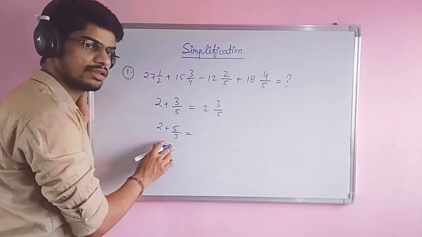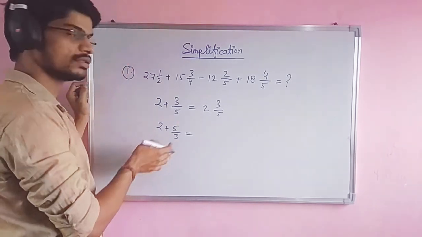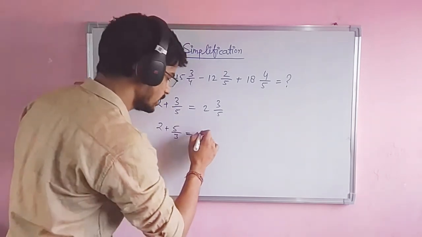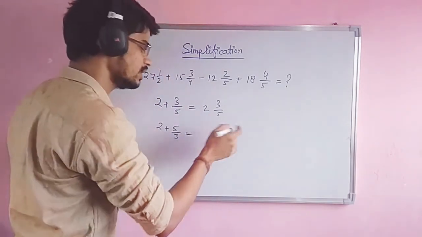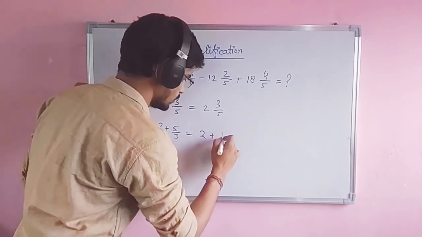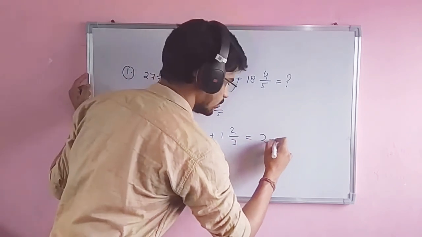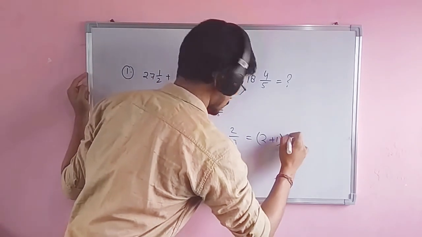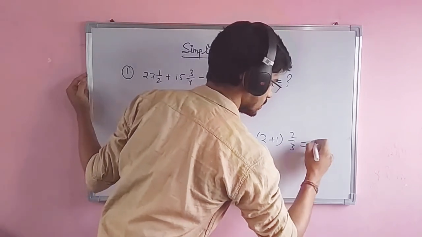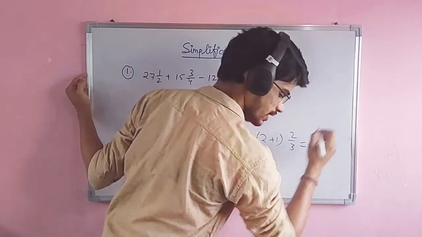It is an improper fraction, so first we convert it into a proper fraction, and then we get 2 plus 1 2 by 3. Here 2 plus 1 is 3, so 3 2 by 3 is the answer.